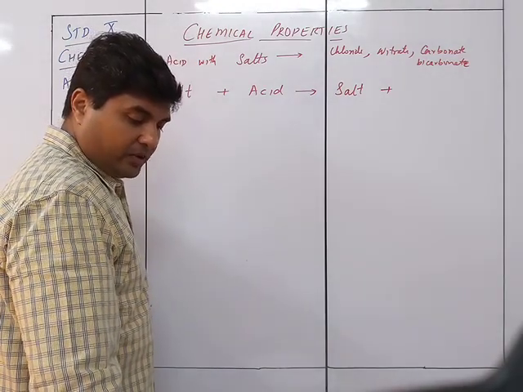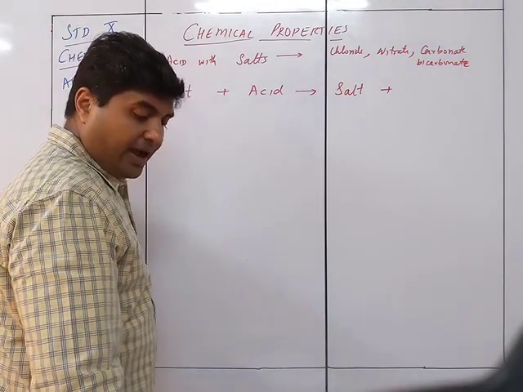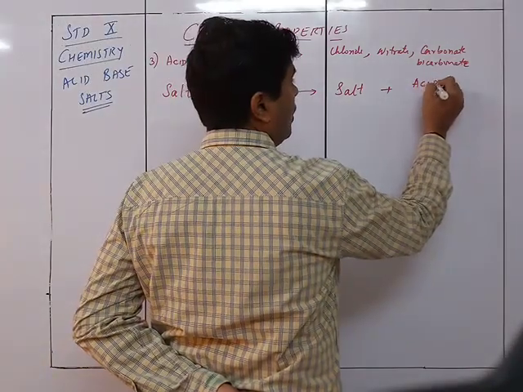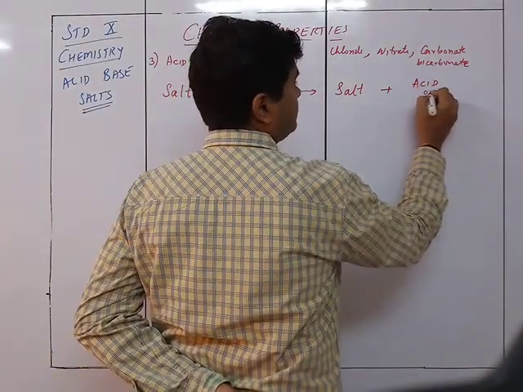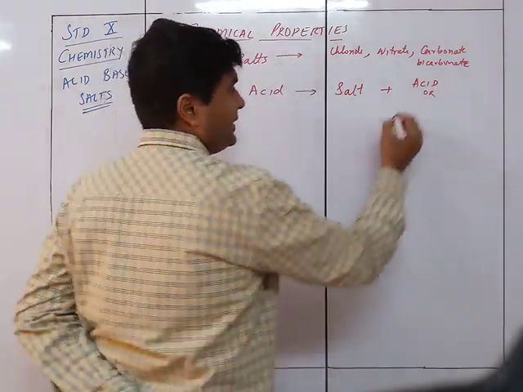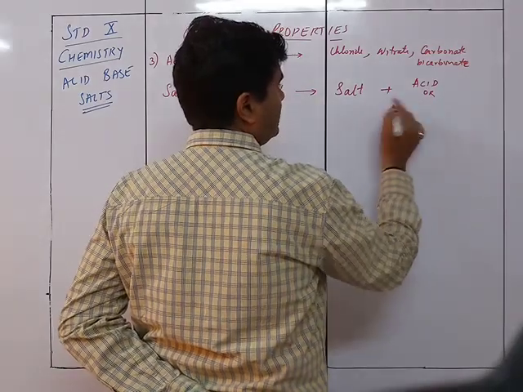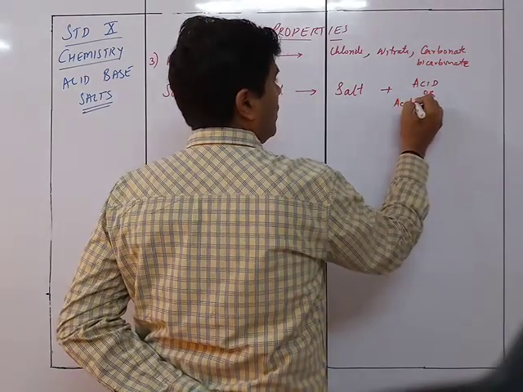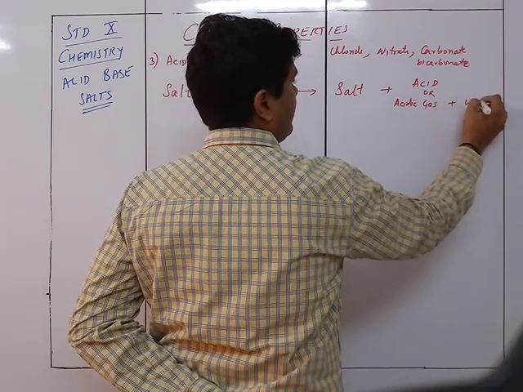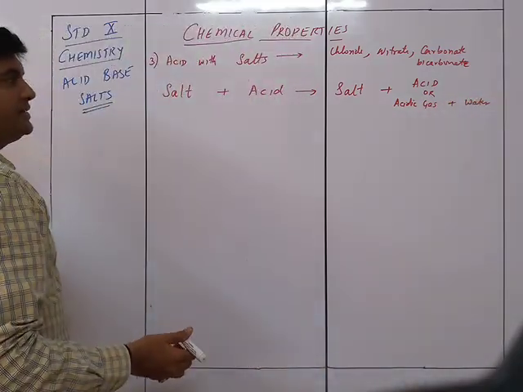So that is given over here as another acid, or you can consider this as gas or acidic gas plus water. Okay, let's see the example so you'll understand it better.